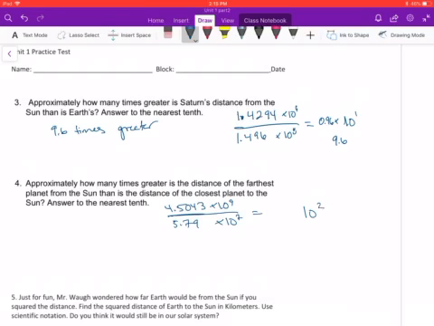That's going to be 10 to the 2nd. Let's see what our lead factor is. 4.5043 divided by 5.79, and I get 0.78 times 10 to the 2nd power. You can do 7.8 times 10 to the 1st, or 780 times greater. That's a lot. Jeez, what a huge universe.